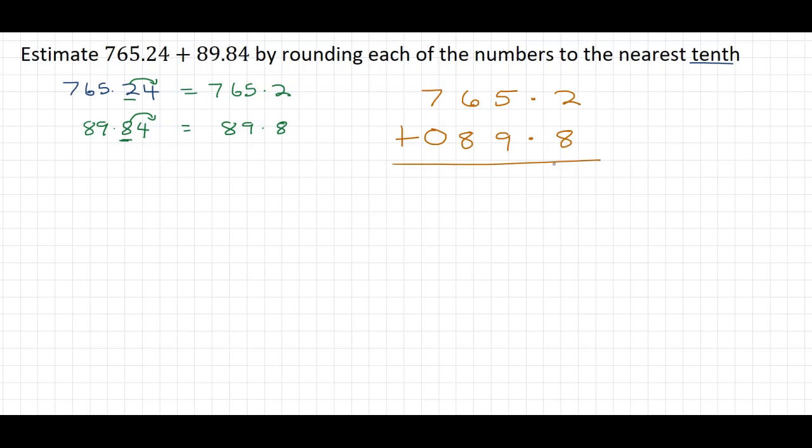Okay, so now we're going to add 2 plus 8, we have 10. We're going to write 0 here, and then we're going to bring 1 up here. Don't forget your decimal. So 1 plus 5, that is 6, plus 9, 15.